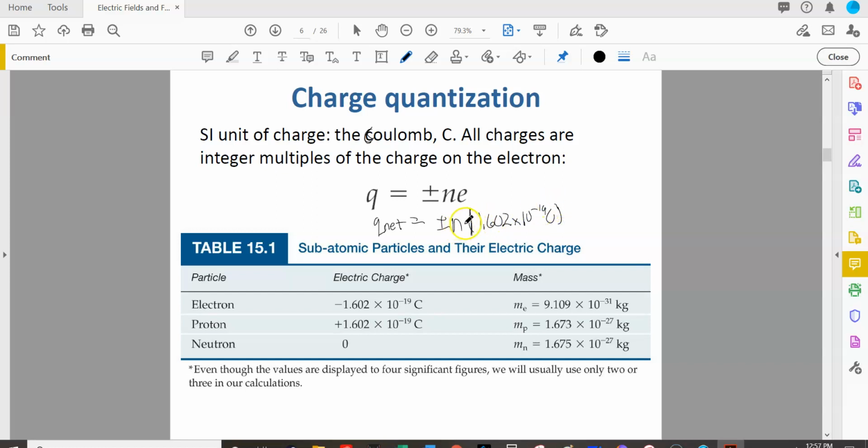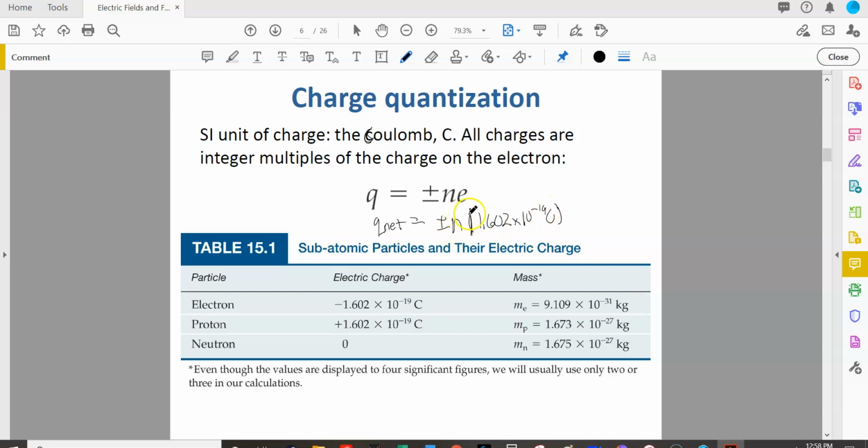So if you added one proton, the overall net charge would be 1.602 times 10 to the negative 19th coulombs. If you had an atom that lost 2 electrons, now it's going to be positive by 2 protons, and it's going to be 2 times 1.602 times 10 to the negative 19th coulombs, a positive 2.